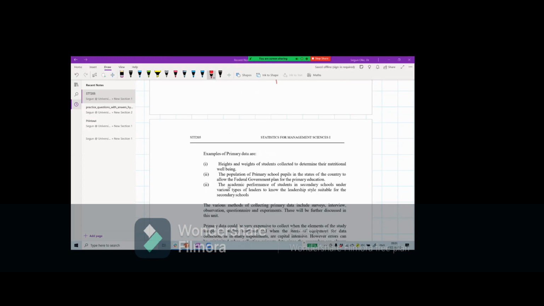The second one is the population of primary school pupils in the states of the country, to allow the federal government to plan. Remember, the federal government is not one person, but they have to send people on the field to go and get us the number.